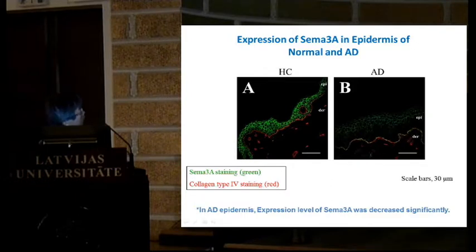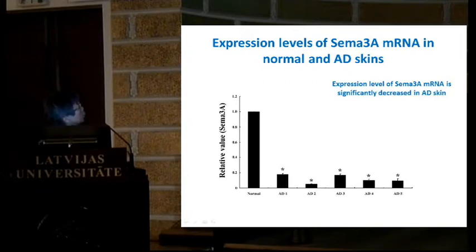Expression of semaphorin 3A in normal healthy skin can be seen. In atopic dermatitis skin, expression of semaphorin 3A decreased significantly. This slide shows the expression level of semaphorin 3A messenger RNA. As you can see, the expression of semaphorin 3A messenger RNA significantly decreased compared to normal healthy skin.